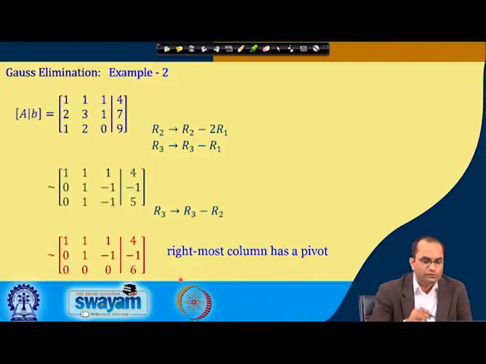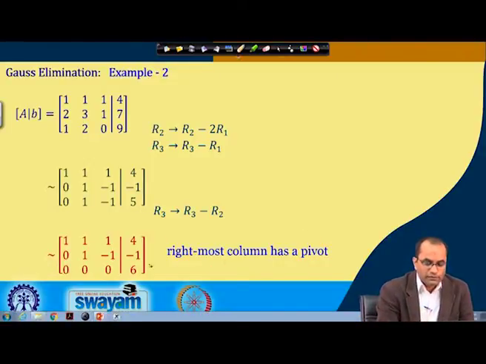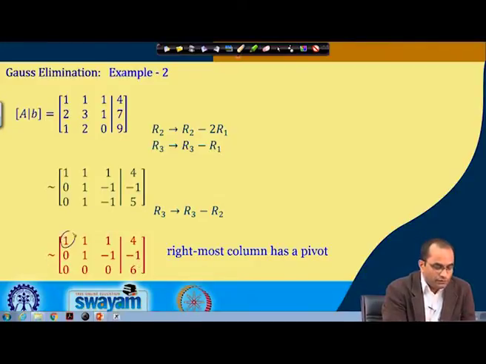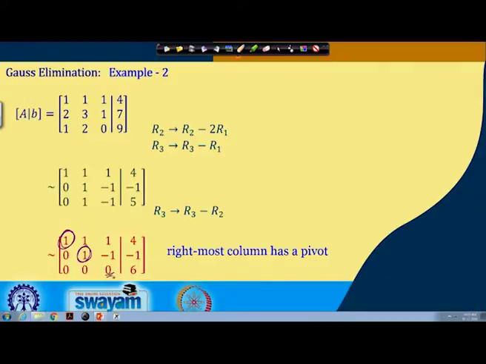In terms of the pivots, we say that the rightmost column has a pivot, because this is the pivot here and this is the pivot in the second row, in the second column. The third column has no pivot, because this cannot be a pivot, as it is a 0 element. The pivot has to be a non-zero element. But looking at this number here, this is a pivot, so it satisfies that everything to its left is 0 and there is nothing to go to the bottom.